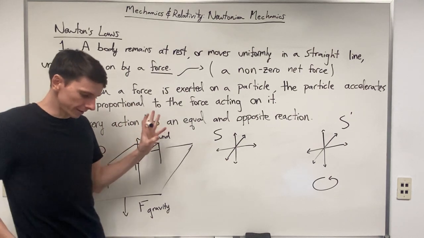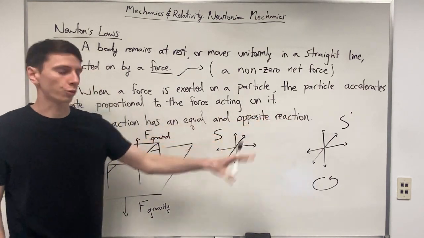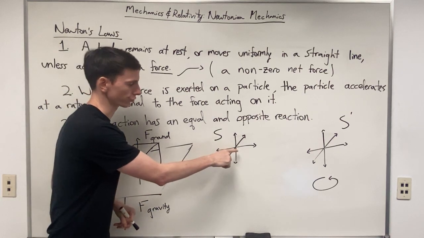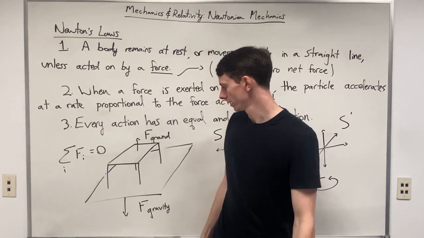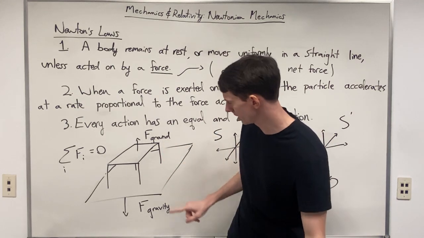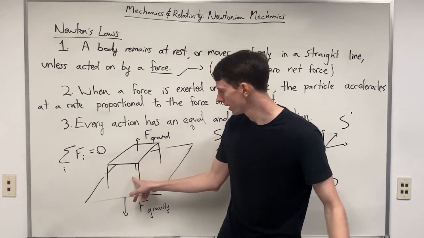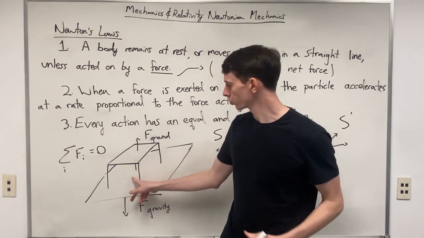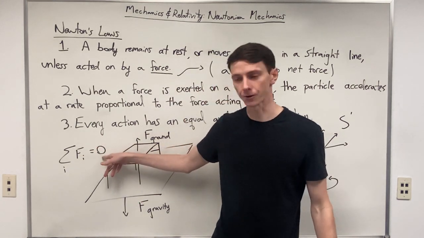Now let's for a moment suppose that out of these 2 reference frames, we're for now existing in reference frame S. So we're right here, we're at the origin, and we're standing still. And looking at this, we're saying, okay, the table is at a position right here, wherever that is. And we just showed in the previous whiteboard that the net forces acting on the table add up to 0.